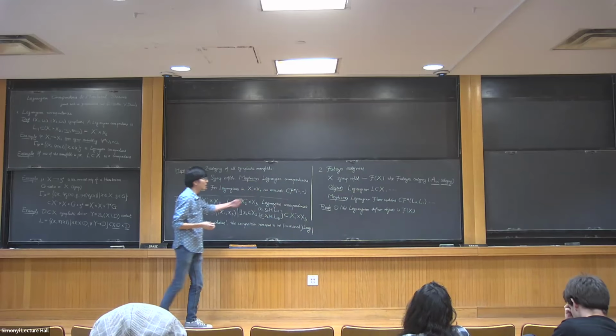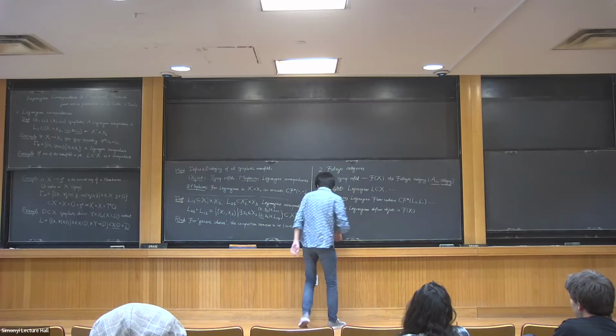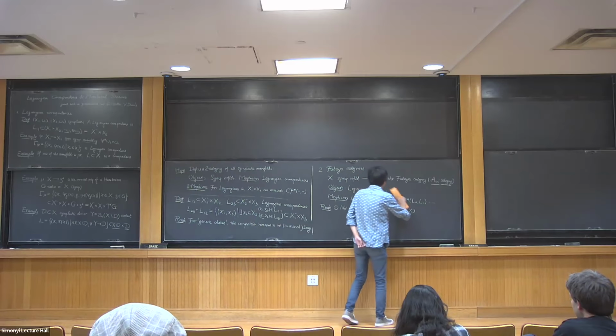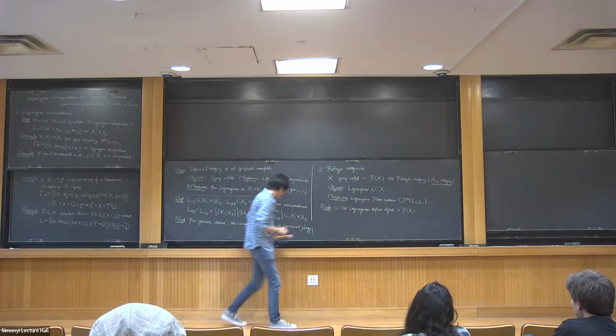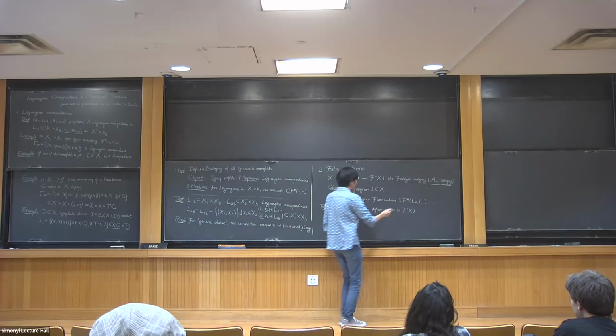And there is typically some obstruction to defining an object inside the Fukaya category, and the obstruction is controlled by some curved A-infinity algebra.